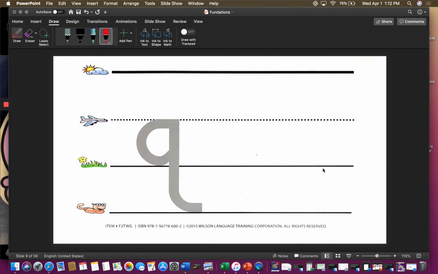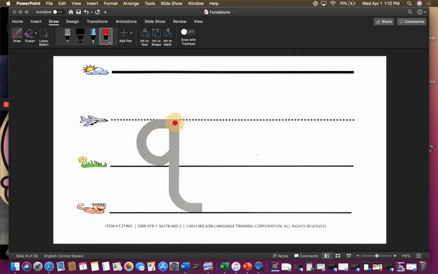Now let's look at the lowercase q. The lowercase q is a plain line round letter, and it starts on the plain line. Okay, we're going to point to the plain line.